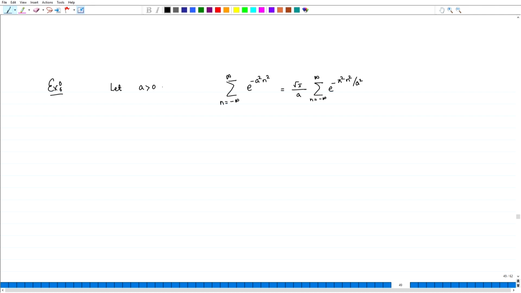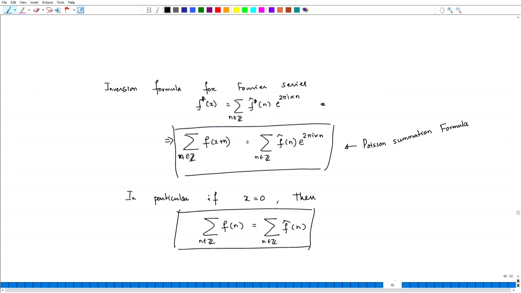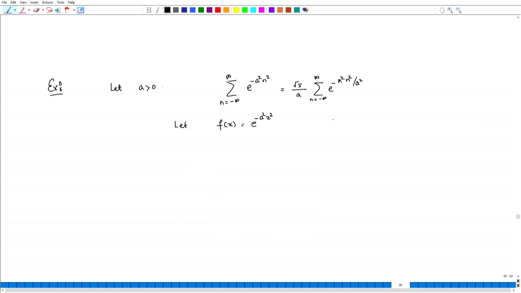Okay. So now let f of x be equal to e to the power minus a square x square. Now from this we know that the summation over n of f of n is equal to the summation over n in Z of f hat of n, by the Poisson summation formula.